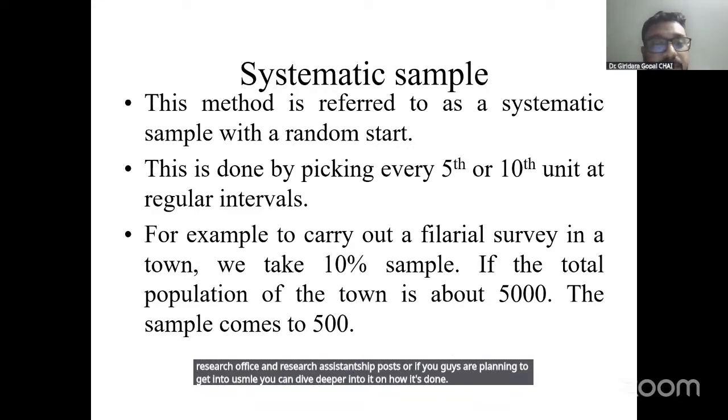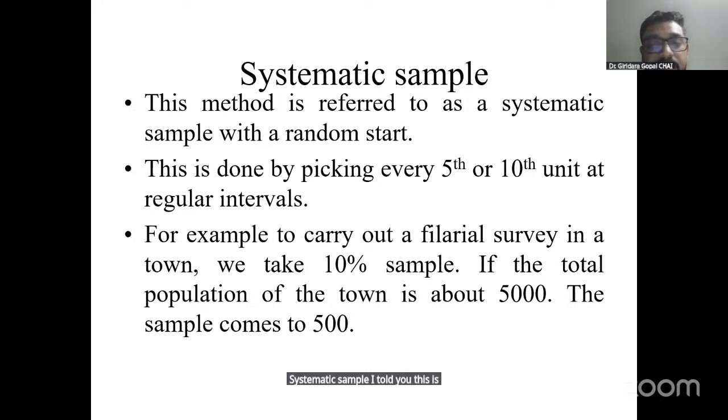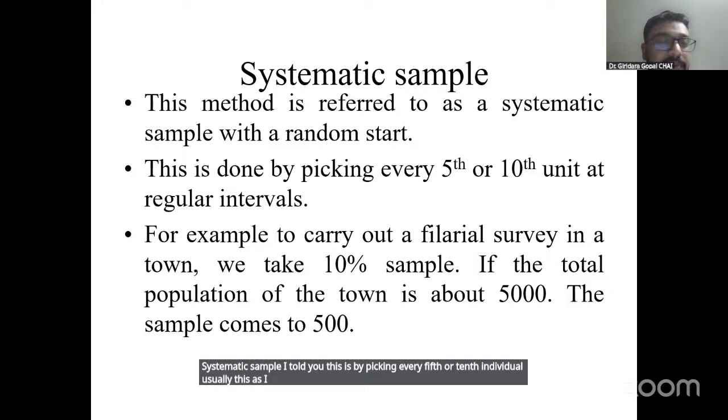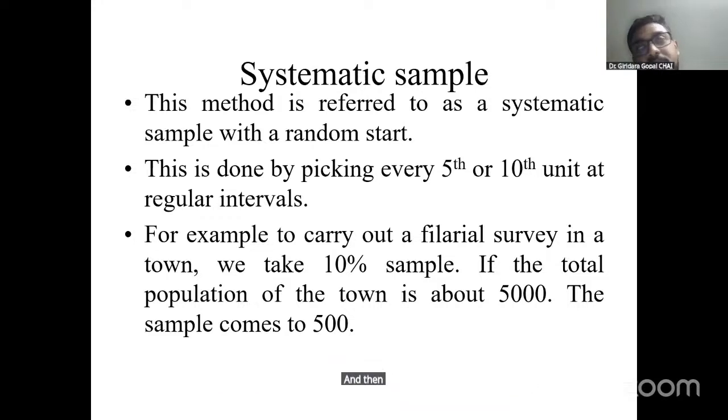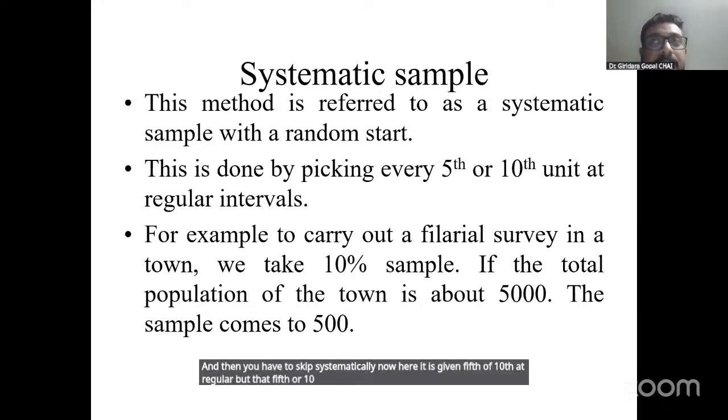Systematic sample, I told you, is by picking every 5th or 10th individual. As I gave an example, 1,000 and a final sample of 200. So you choose the first 5 randomly and then you keep adding 5, 5, 5. So the initial start would be random and then you have to skip systematically. Now here it is given as every 5th or 10th, but that interval is usually decided by your final sampling frame divided by the total sample size.